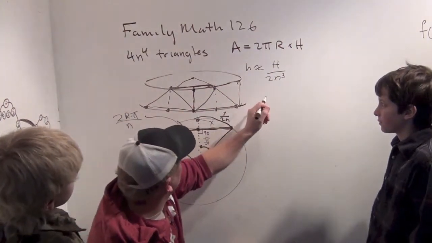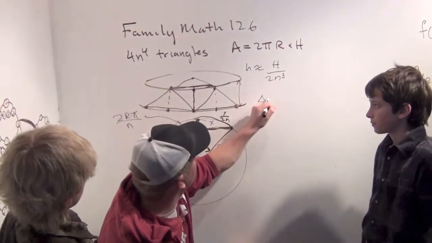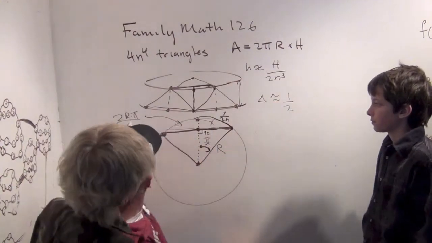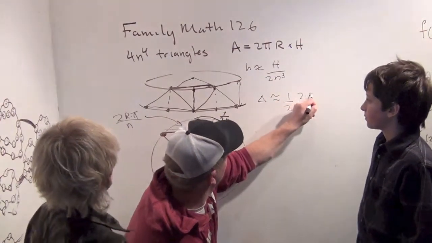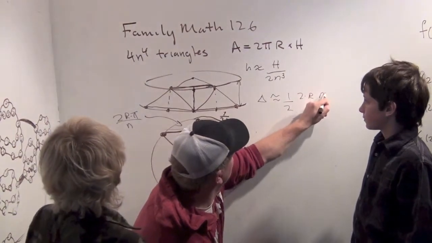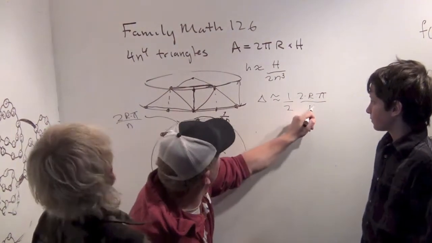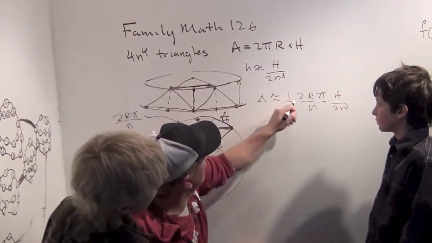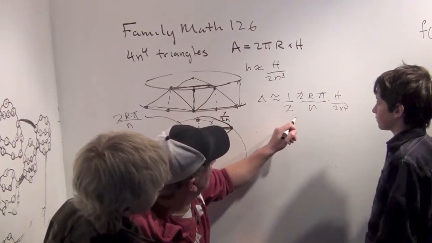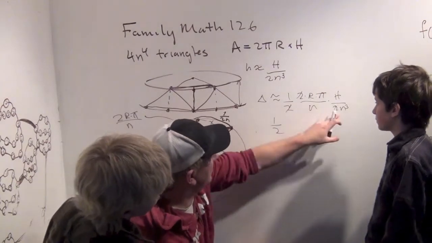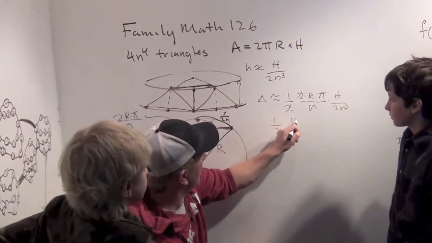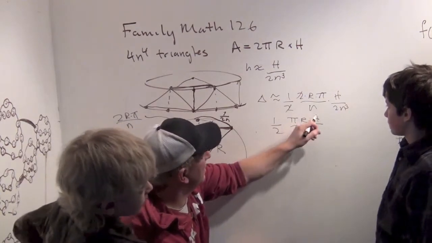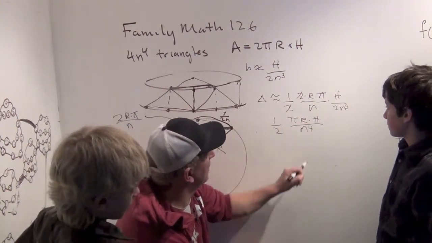So now we get a triangle area is approximately 1/2 times 2 pi r, 2r times pi over n, times h over 2n cubed, which is, cancel the 2's, pi times r times h all over n to the 4th.